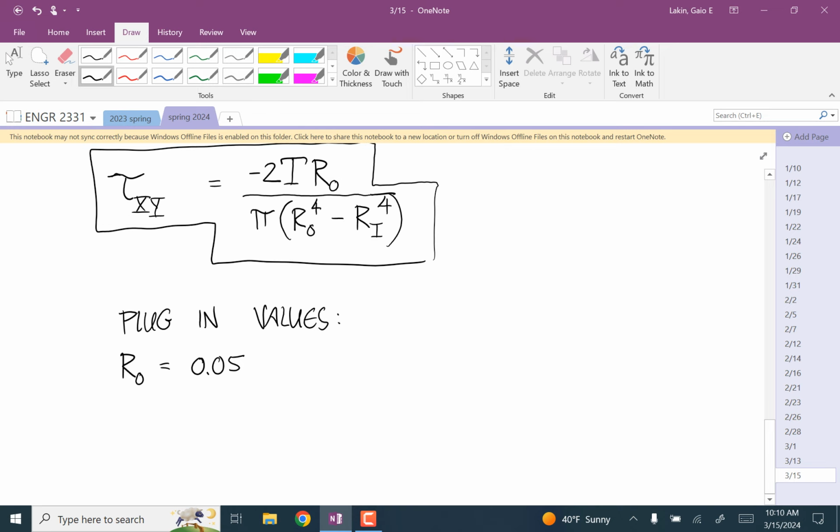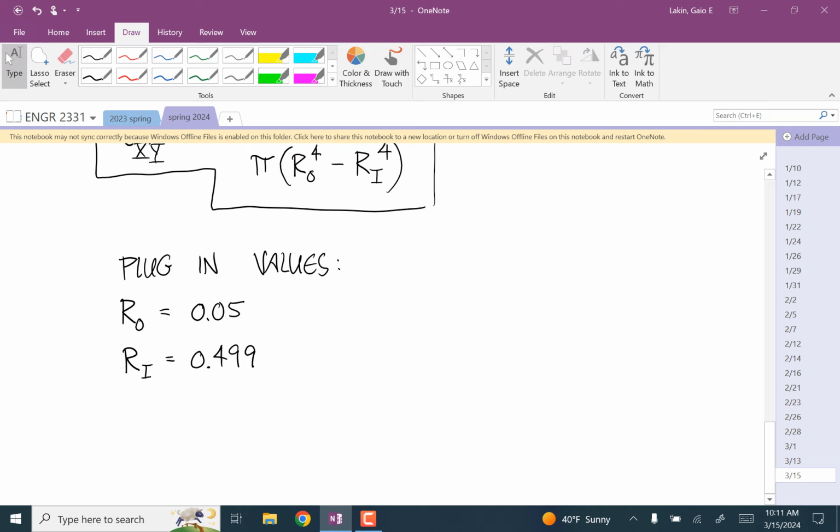Okay, so our inner is 0.049. Yes. Okay, so let's do it for the thin-walled.